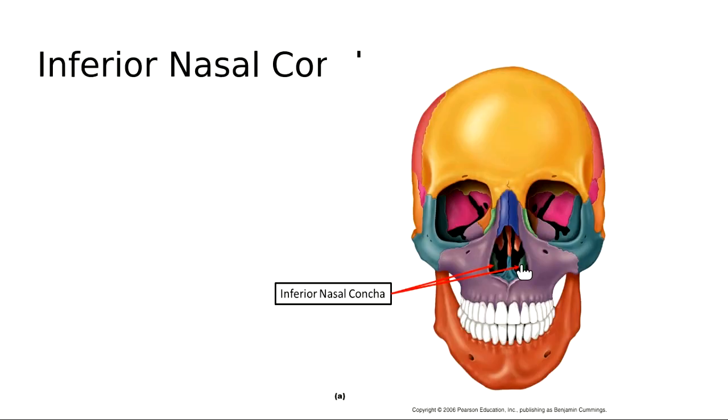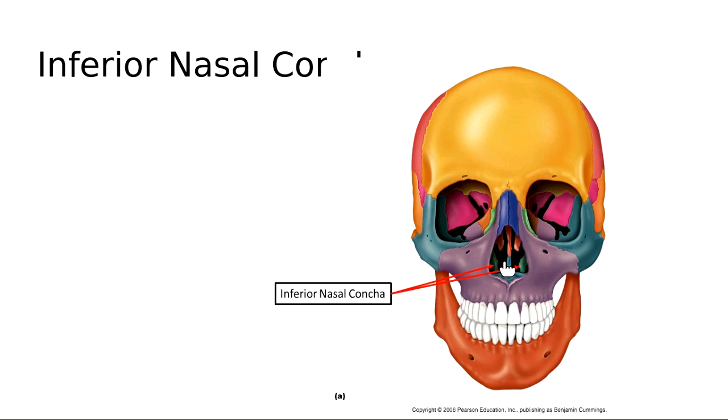Inside the nose, these 2 little bones here, these are the inferior nasal concha, and they will come off of a skull. So they are individual bones, and they're part of the facial bones. Inferior nasal concha. These up here are the middle, and there's some even higher that are superior.